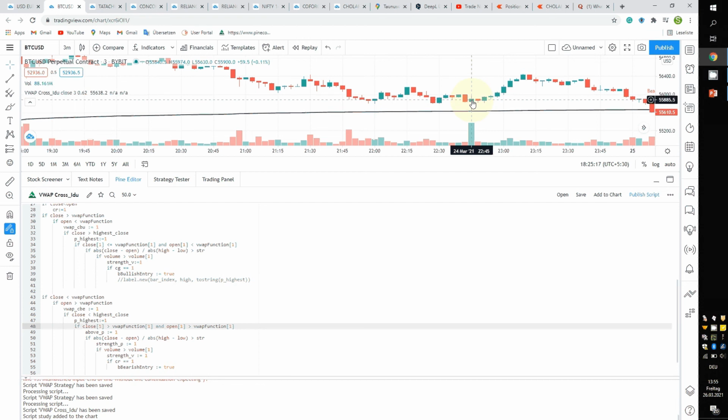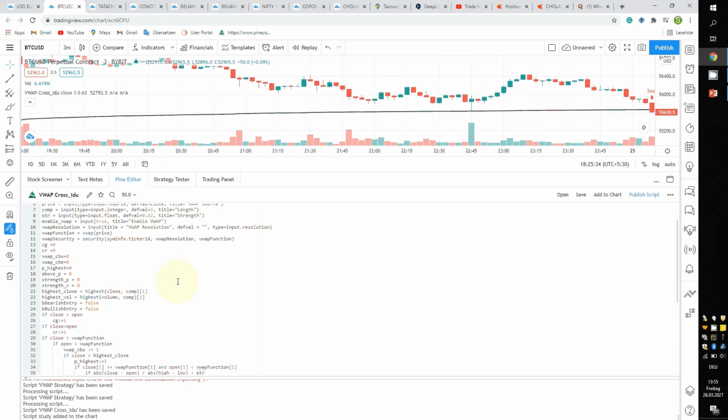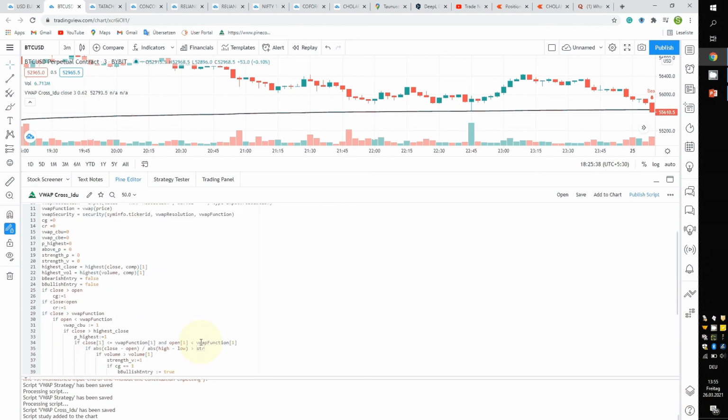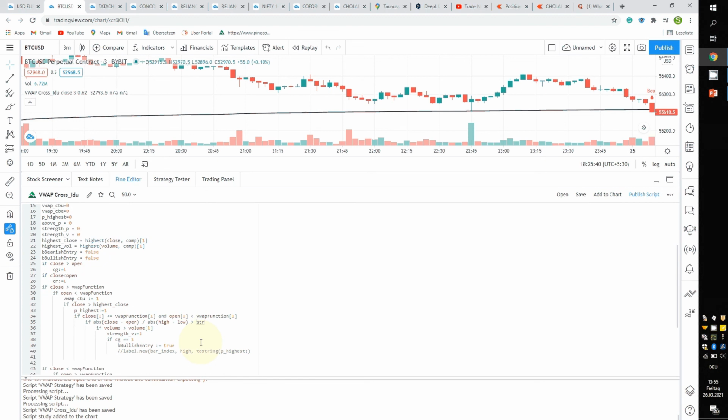And this is what I want to calculate here. I'm calculating the ratio of this portion to the complete portion. If this is greater than my strength, and I have defined my default strength to be 0.62, which can be changed on the fly, then this condition will be true and it will check the next condition.